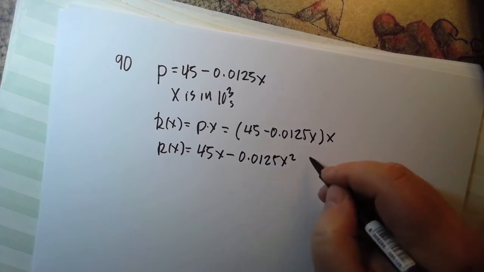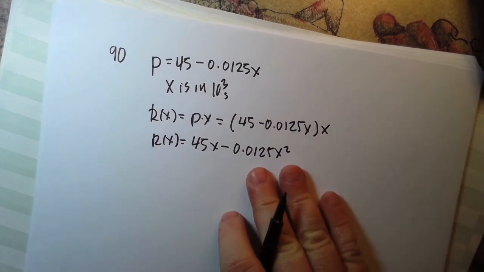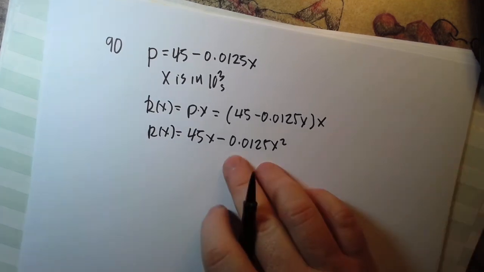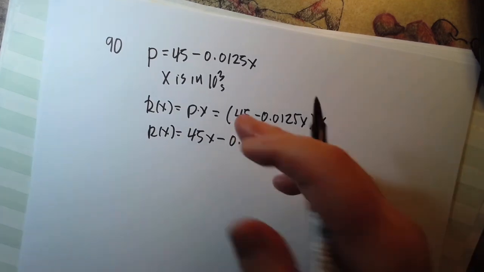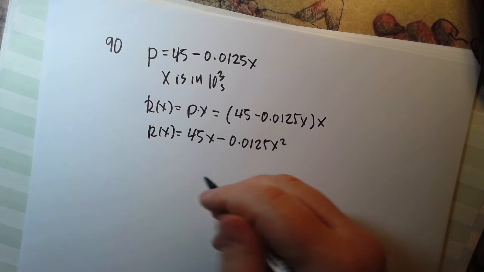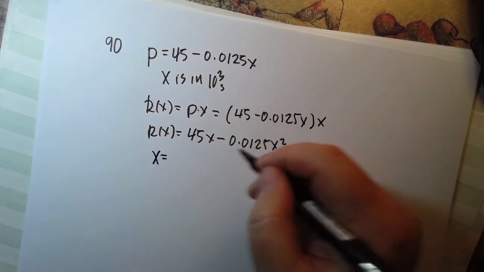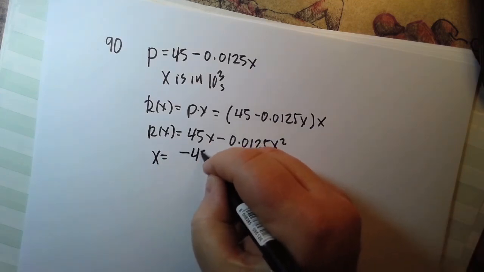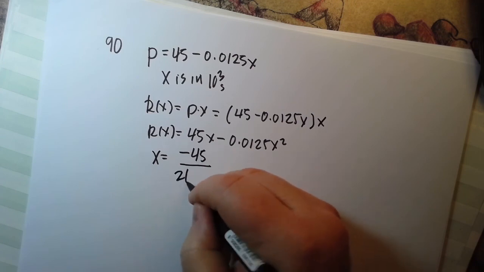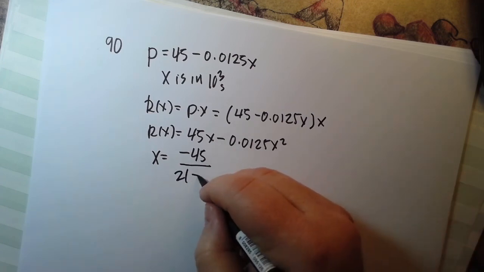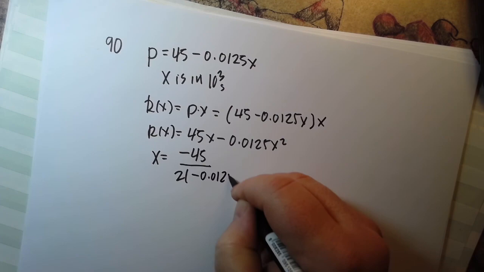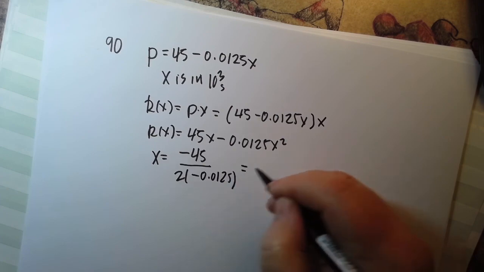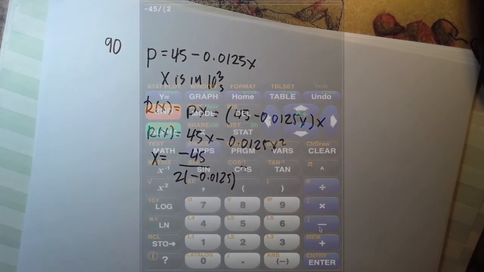Then distribute, so our revenue function in terms of the unit is 45x minus 0.0125x squared. Now that we have that, we can find the units easily because it's just at the vertex. This is opening down, so I know it's a maximum. So x is minus b, which is the term on the linear one, divided by 2a. Plug that into our calculator.